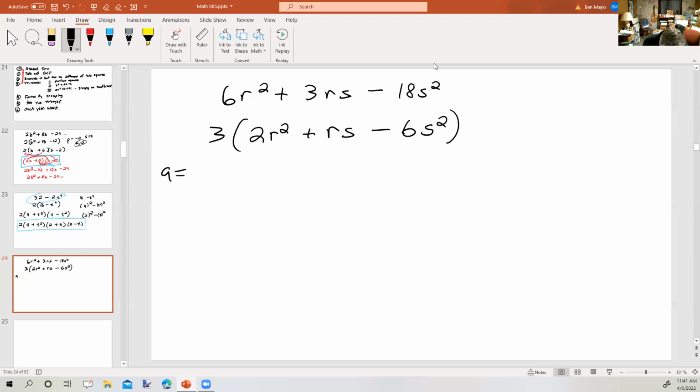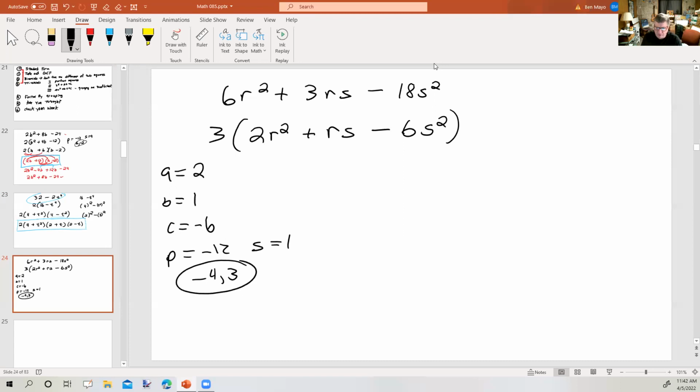So a is 2, b is 1, c is -6, the product is -12, the sum is 1, the numbers are -4 and +3. Oh, no, they aren't. My bad. The numbers are 4 and -3 because I need to get a +1 as a sum.